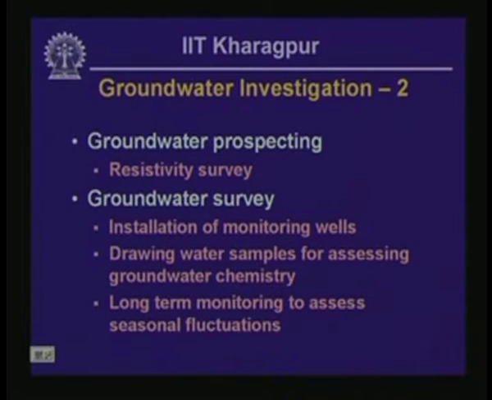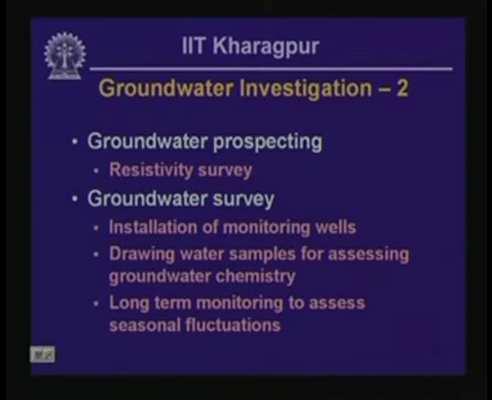We have looked at the main features or essential details of resistivity survey in one of our earlier lessons on subsurface exploration, so I am not going to get once again into the detail of this particular procedure.